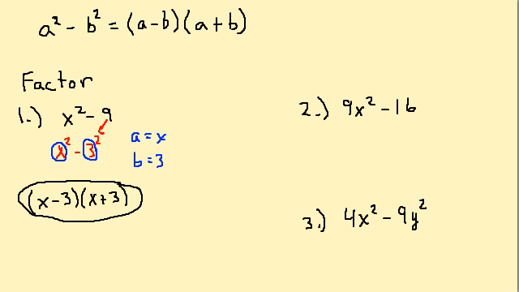Let's look at this second problem. I have 9x squared minus 16, and I want to factor it. So 9x squared can be written as 3x, all of that squared, because 3x times 3x is 9x squared, minus, and then I'm going to rewrite the 16 as 4 squared.